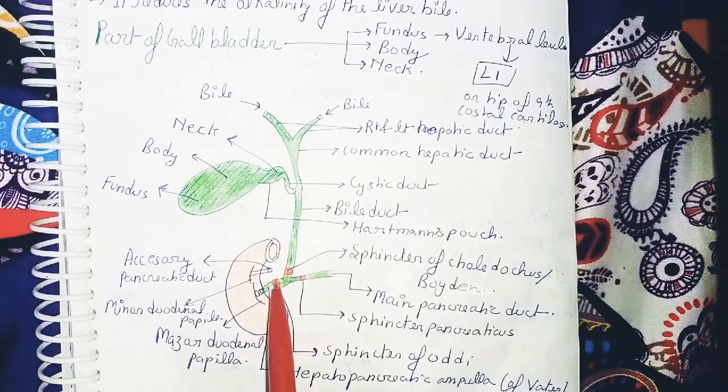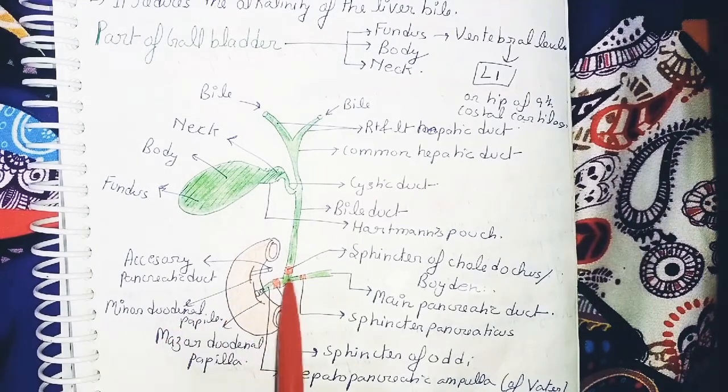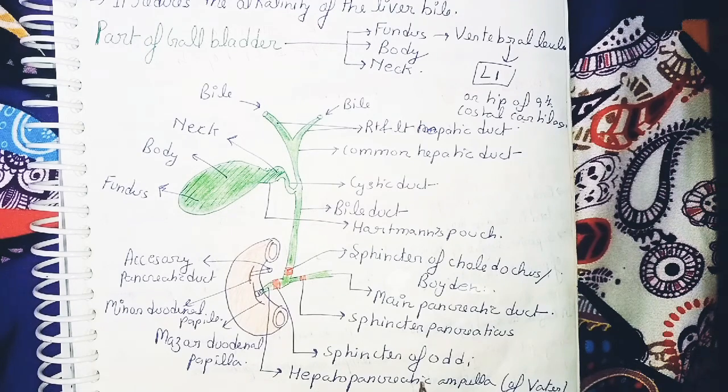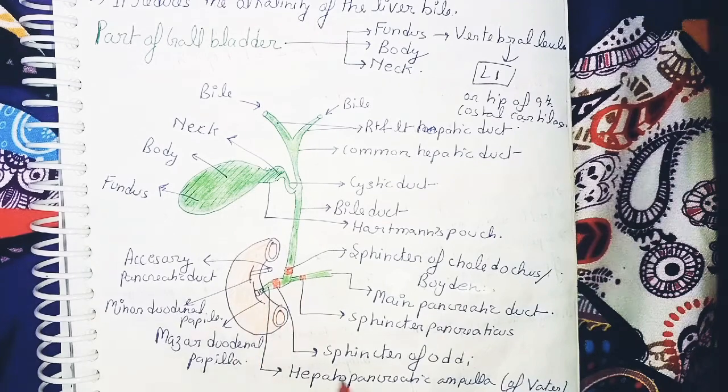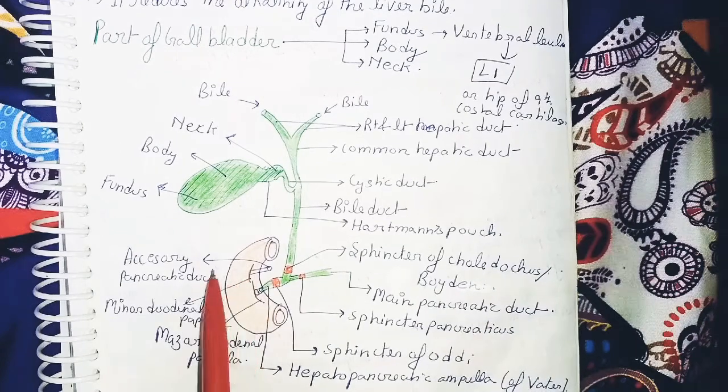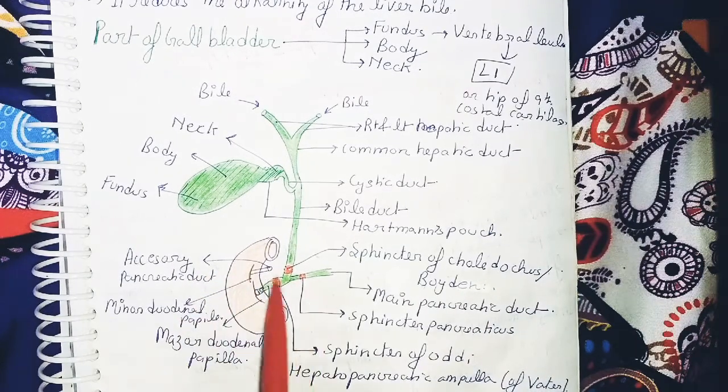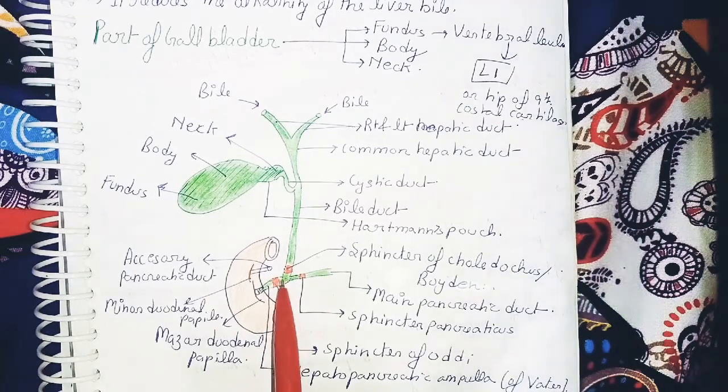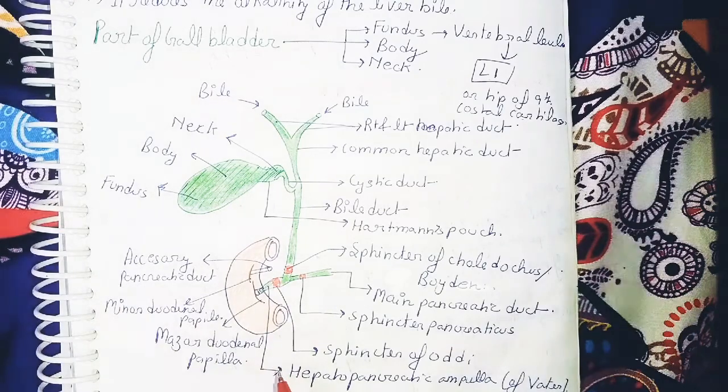And you can see here the sphincter of Oddi, which regulates the opening and closing of all the components in the duodenum. And here you can see the major duodenal papilla, the minor duodenal papilla, the accessory pancreatic duct opening into the minor duodenal papilla, and the main duct opening into the major duodenal papilla. And this is basically the hepatopancreatic ampulla, or ampulla of Vater, which opens into the major duodenal papilla of the duodenum.